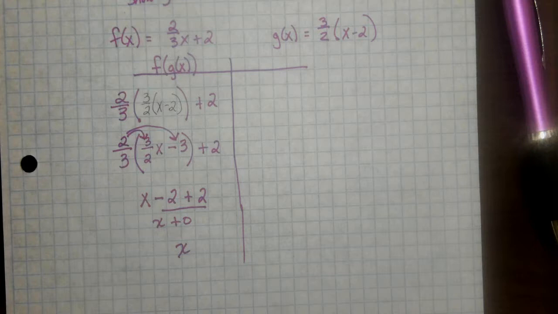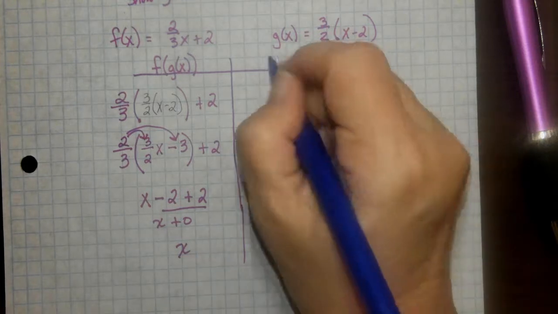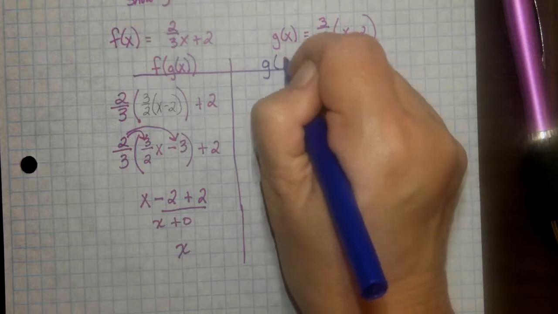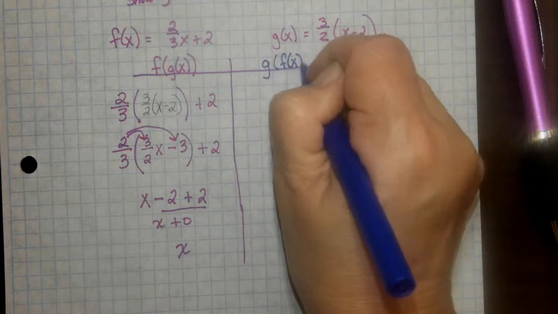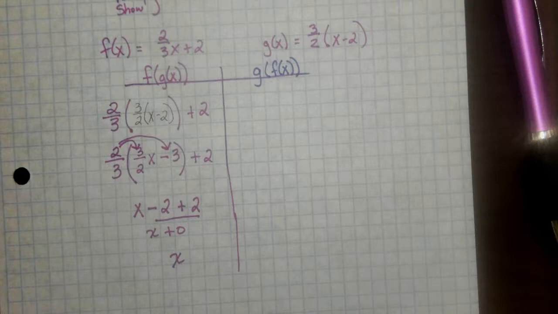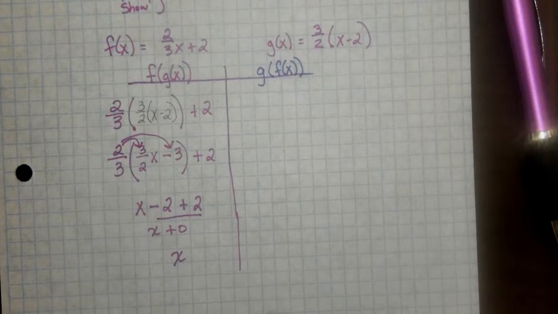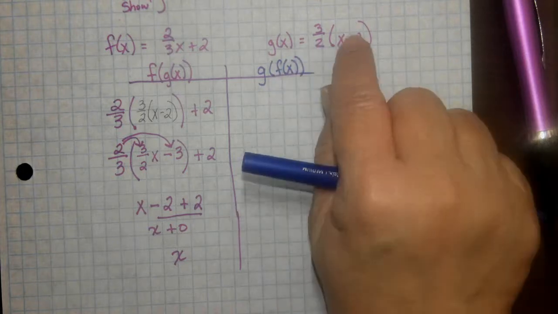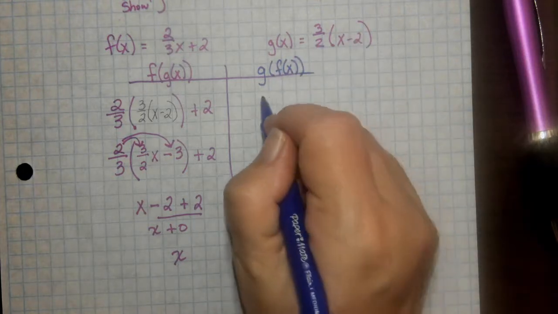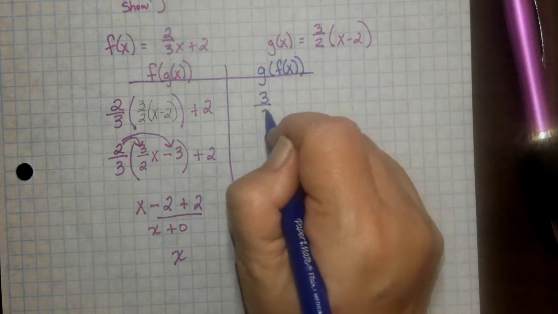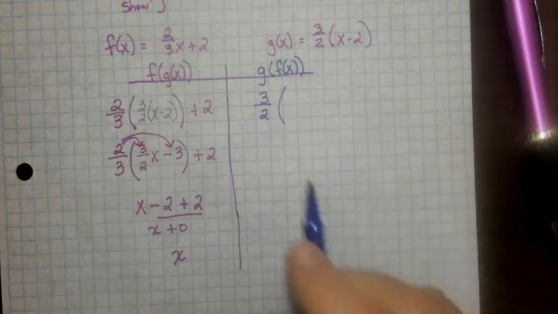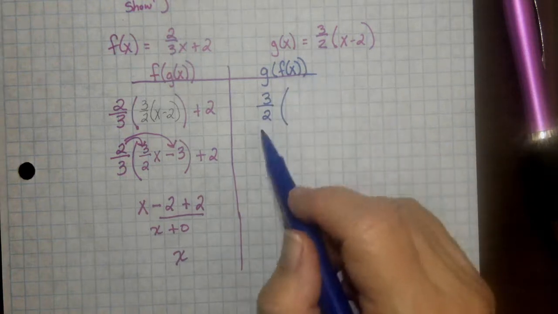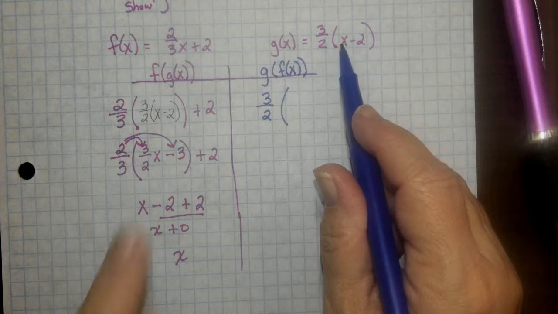Alright. Now I need to do g of f of x. So now I'm plugging f of x into g. My main function is g, but it says to take 3/2 times my input minus 2.